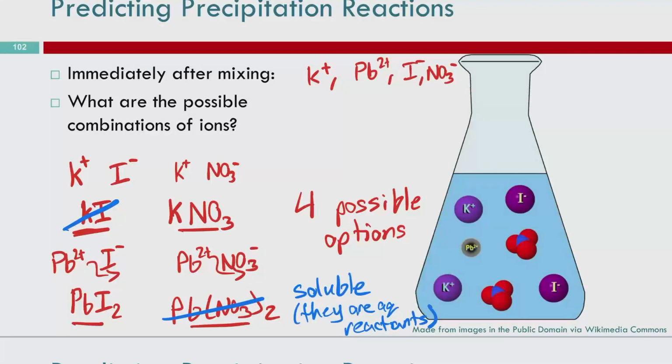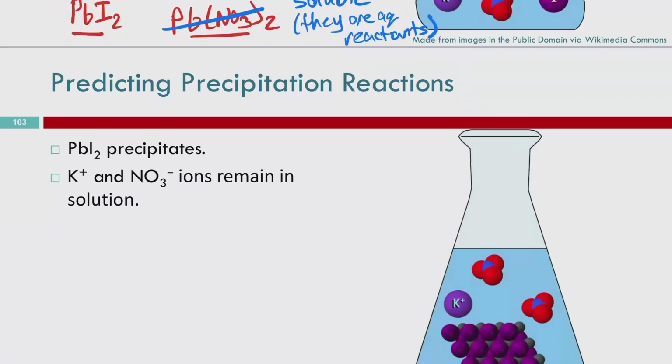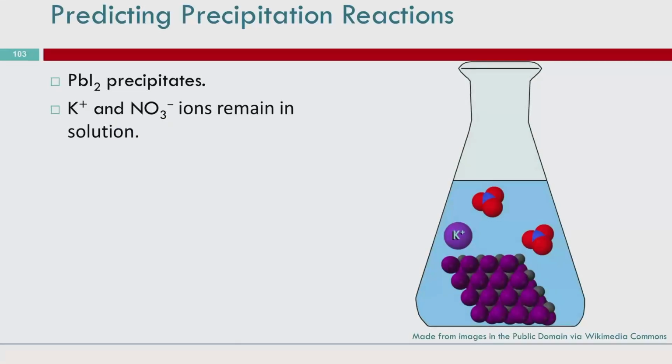We don't need to check them. The 2 that we need to check are the KNO3 and the PbI2. Those are the 2 new combinations of ions. So we took our positive ions, our negative ions, and we swapped one of them. We swapped our negative ions. As it turns out, the PbI2 precipitates, the potassium and the nitrate ions stay in solution. And this is what lead-2 iodide looks like.